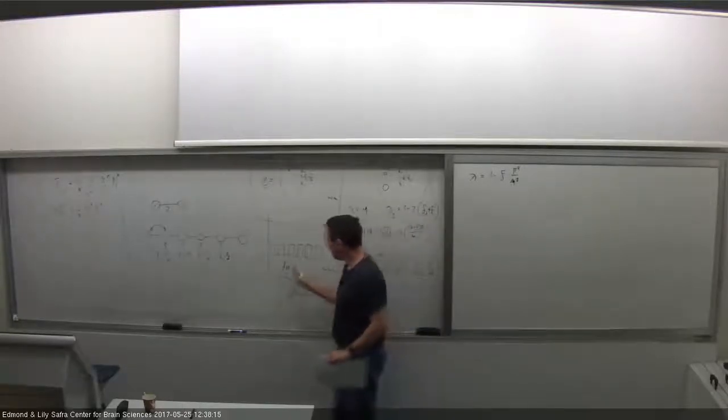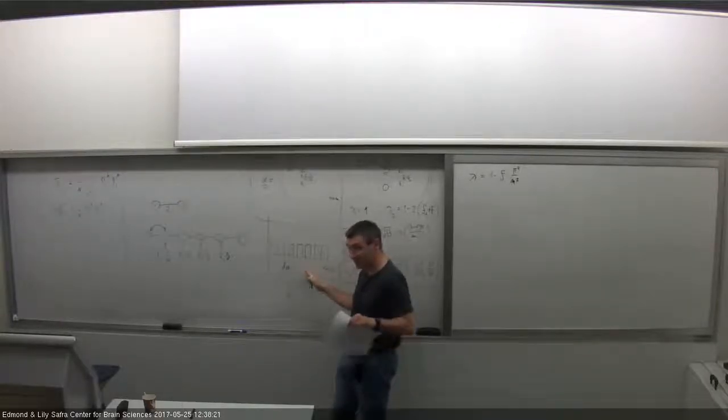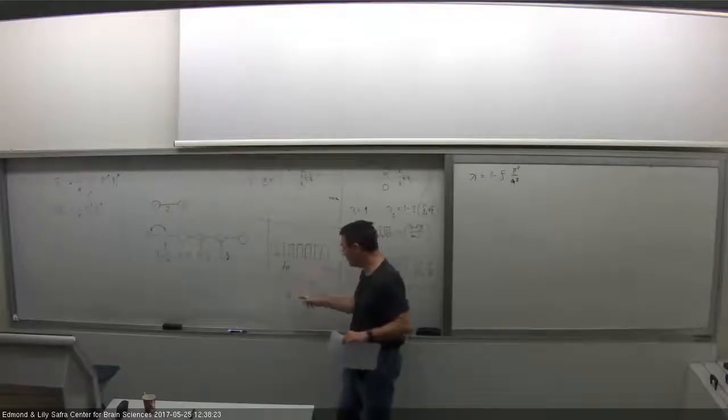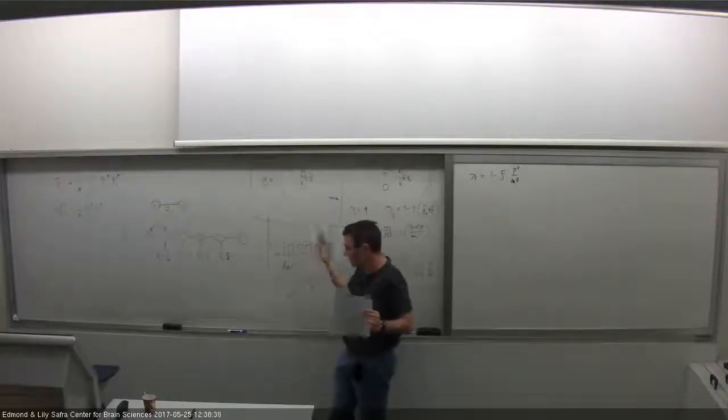But I don't understand why this means that the memory was forgotten. So when the distribution of values of synapses for all the ones that were depressed by a particular memory pattern is exactly equal to that of all those that were potentiated by a particular memory pattern, then I cannot say whether indeed these were potentiated and these were depressed, or that there was no memory at all. There was never any potentiation or depression.